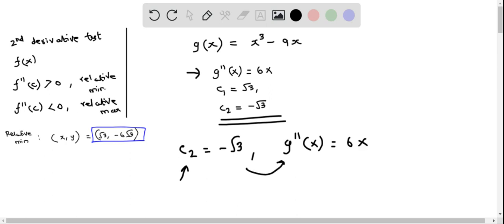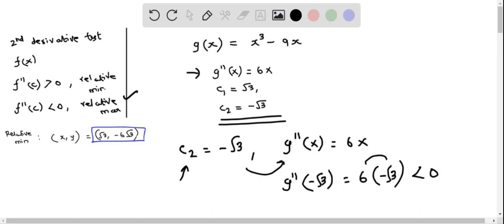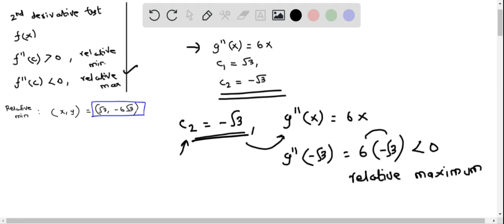So g double prime of negative root 3 gives 6 times negative root 3. This is a product of a positive and a negative number, so it is less than 0. According to the second derivative test, this confirms that it is a point of relative maximum. So c2 equals negative root 3 is a relative maximum.